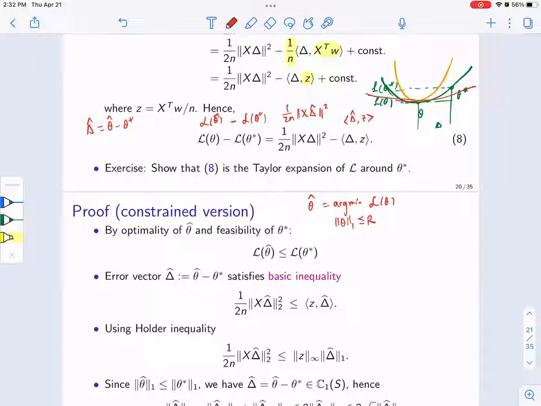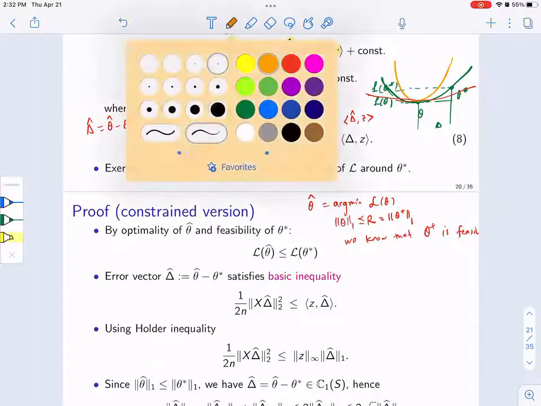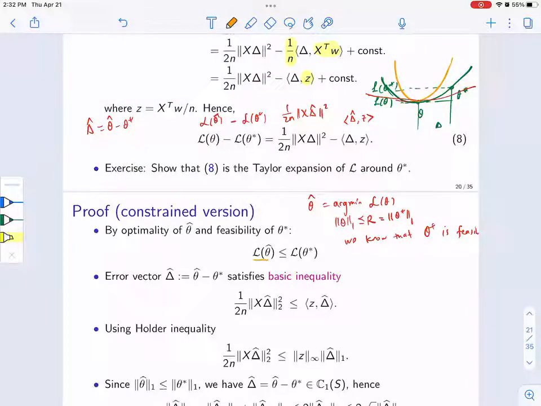And we know that theta star is feasible, because I assume that this is equal to the L1 norm of theta star. So we write down an inequality: L of theta hat has to be less than or equal to L of theta star. This is sometimes referred to as the basic inequality.